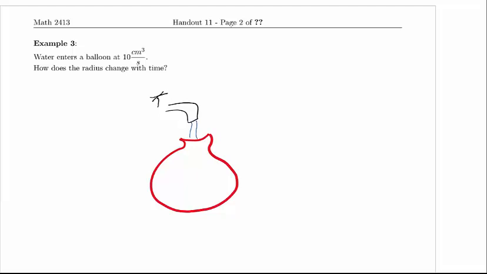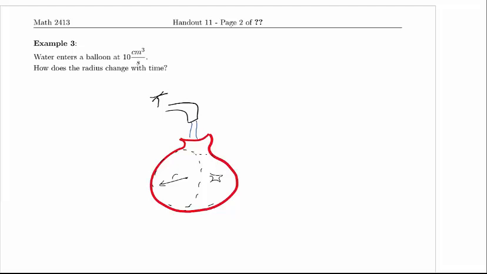And we want to know how the radius changes with time. How much does that radius change with time? Here's our basic sphere.